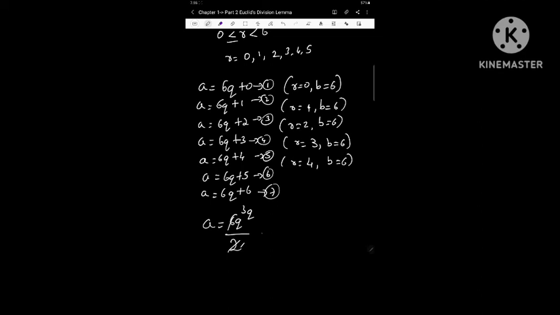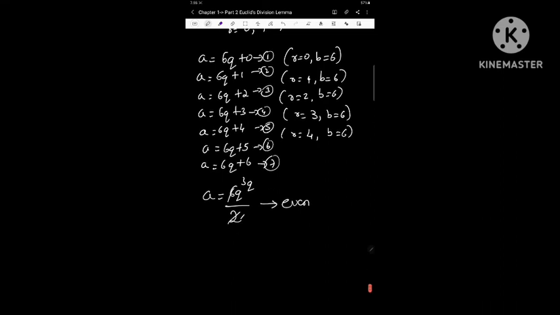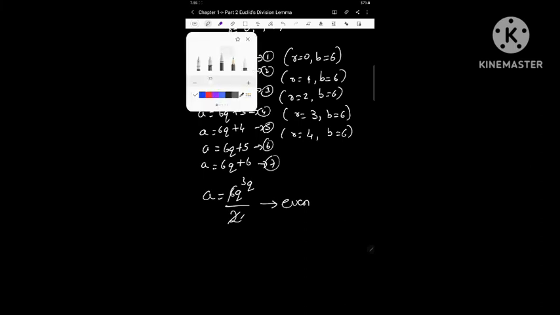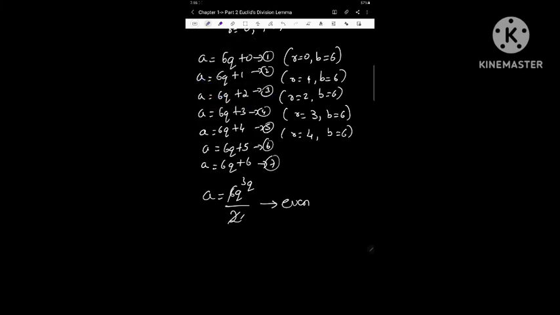So it is divisible by 2, so it is an even integer. The next one, the second equation, is it divisible by 2? No, it is not divisible by 2, so it is called an odd integer, right? So let me write here odd.